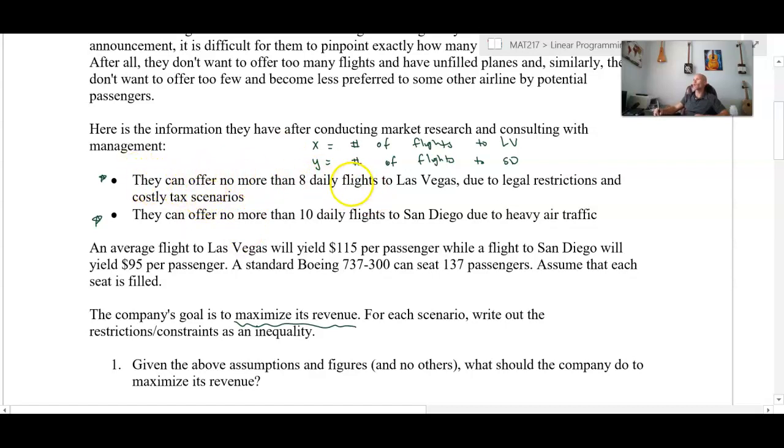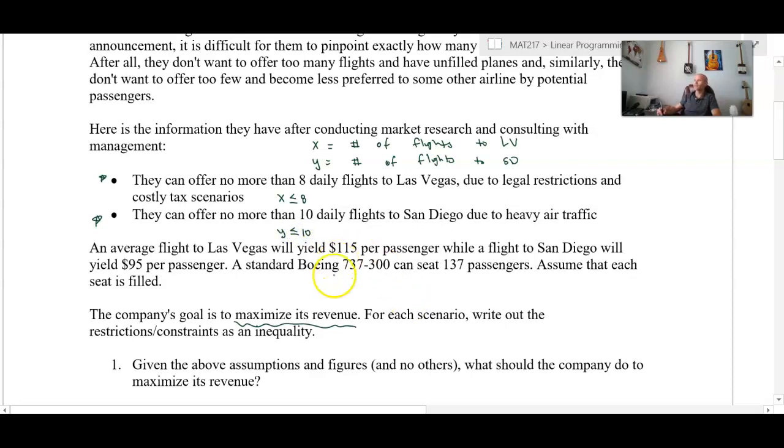They can offer no more than 8 daily flights to Las Vegas. So whatever X is, the number of flights that we do send to Las Vegas, X has to be less than or equal to 8. That's a constraint. We can't just pick any values we want for X and Y because X has to be less than or equal to 8. They can offer no more than 10 daily flights to San Diego. Doesn't matter why, but that tells us that Y has to be less than or equal to 10.